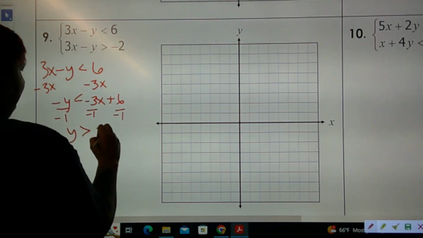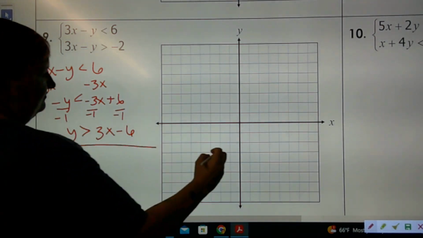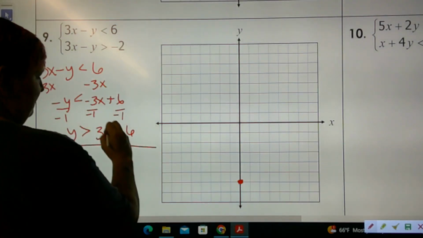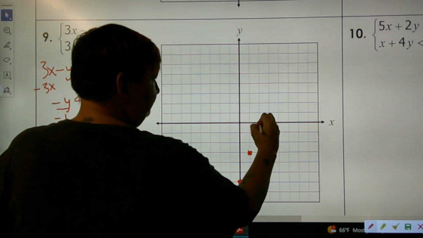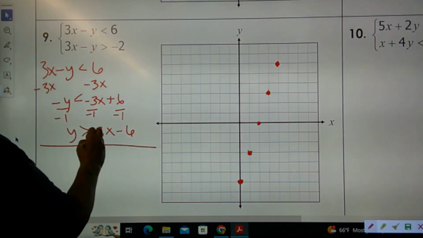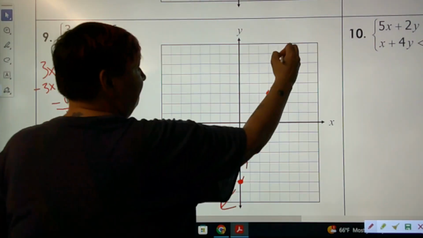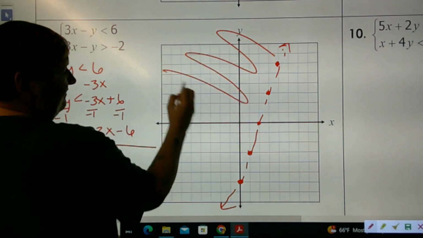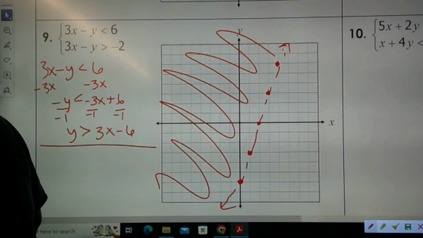Y is greater than 3x minus 6. 1, 2, 3, 4, 5, 6. 3 over 1. 1, 2, 3 over. Dashed line. And greater than, so we're going to go on top.